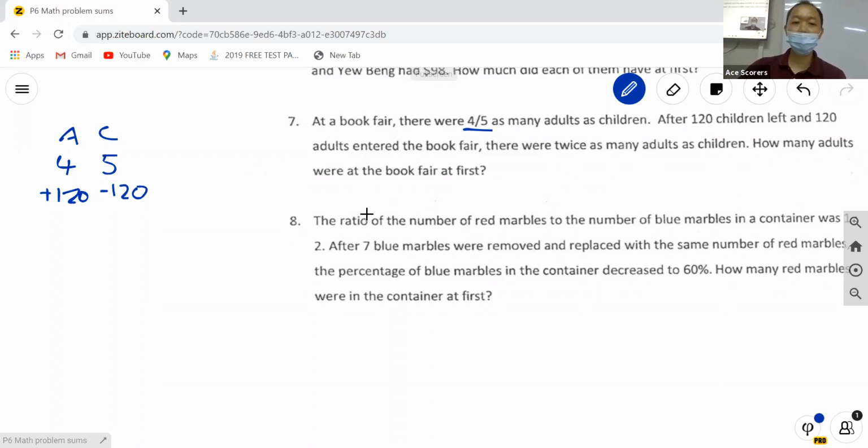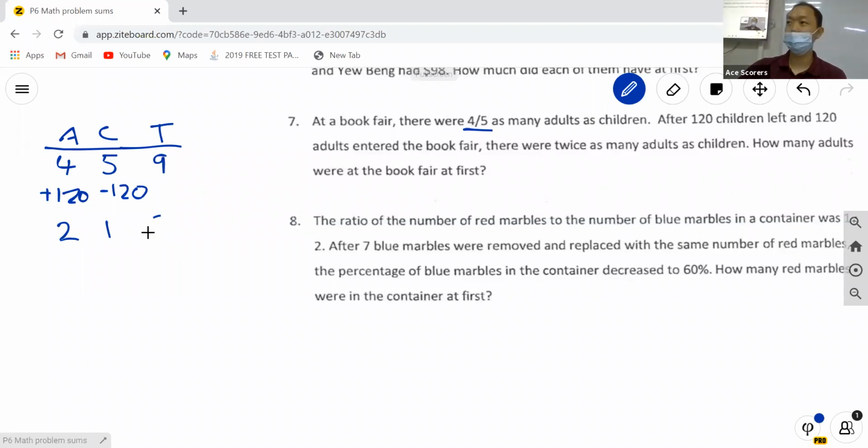How many adults? There were twice as many adults as children. That means here 2, here 1. Okay, so this is our before and after table. I need to create another table called total, right? So 4 plus 5 equals 9. 2 plus 1 equals 3.